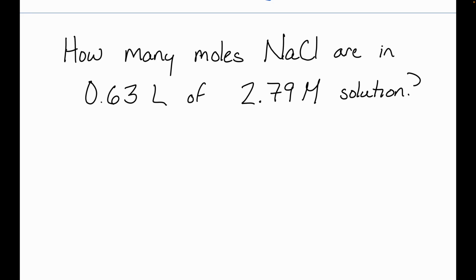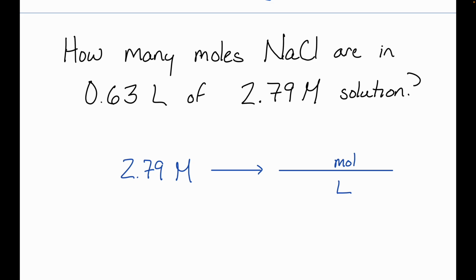So we're going to do the same thing here. In order to use that 2.79 big M in our math, turn it into a conversion factor, we're going to split it up so that moles of our solute are on top and liters are on the bottom. Break those units back up to create our conversion factor here.